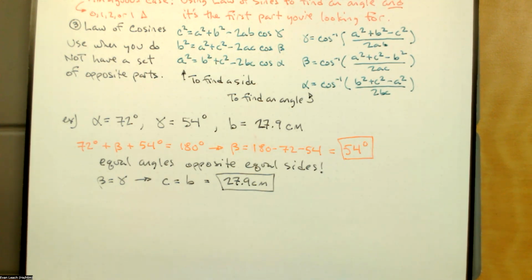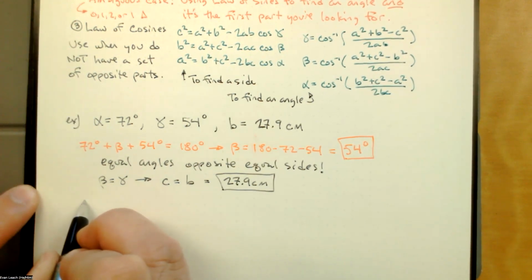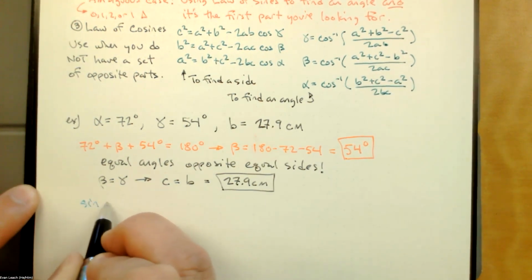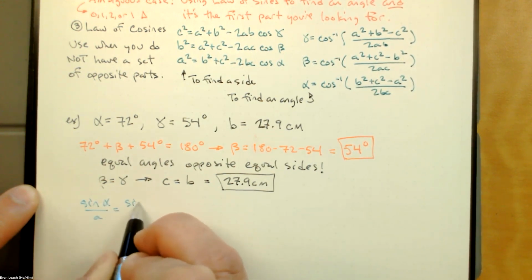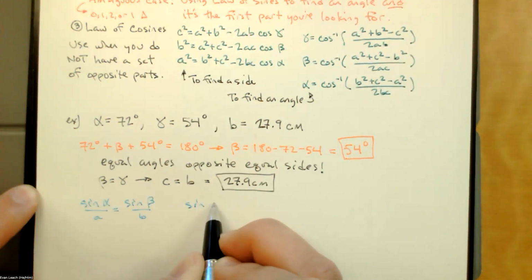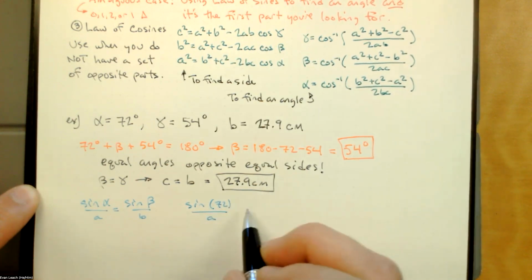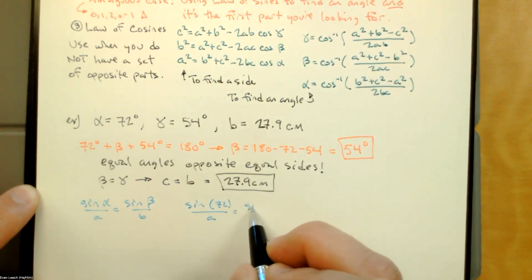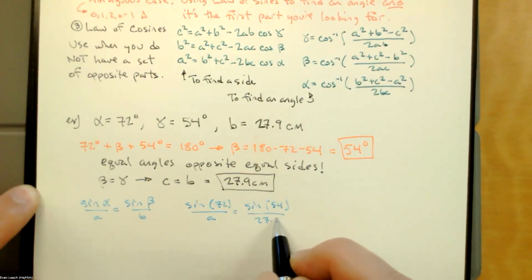For that, we will use the law of sines because we have a set of opposite parts. So sine of alpha over A is equal to the sine of beta over B. So sine of 72 over A, which we're looking for, is equal to the sine of 54 over 27.9.